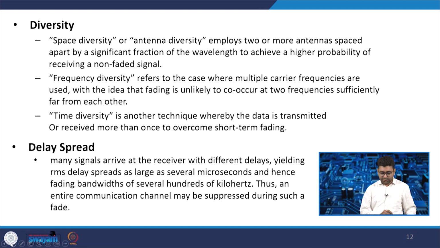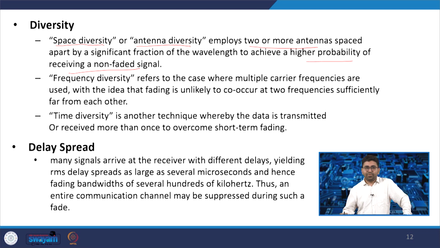Then there is another issue, that is diversity. There are two kinds of diversity: space diversity or antenna diversity, which employs two or more antennas separated by a significant fraction of a wavelength to achieve a high probability of receiving a non-faded signal. So, if you add diversity in space or antenna, you can overcome the problem of fading.